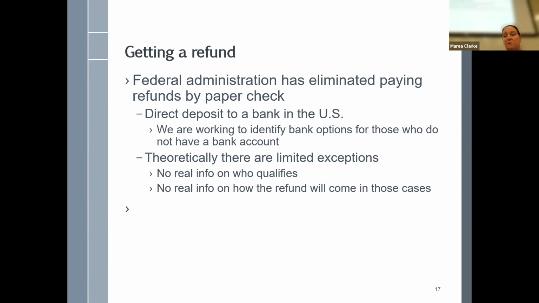Theoretically, there are supposed to be some limited exceptions for people that don't have to have direct deposit. There is not really any information yet as far as who qualifies, or what exactly the process is if they do qualify for that exception. So for now, we're going to say we really want to do a direct deposit if at all possible, and try to support people who don't have a bank account by finding options so that they can quickly, easily, and for free open a bank account here in the United States.